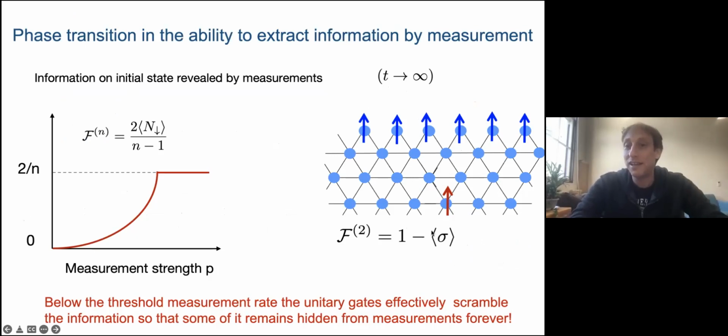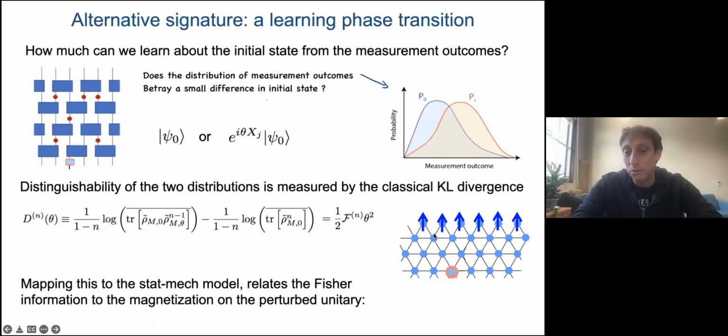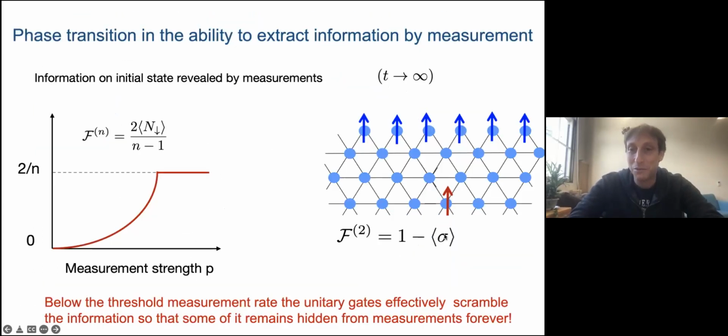On the other hand, in the paramagnetic state, although the top of my system has spin up, that boundary condition decays exponentially into the bulk, and at the bottom of the system, the spin doesn't know about it, and it has zero polarization. So at the bottom of the system, after long time evolution, I'll have zero magnetization, which means that this Fisher information will be maximal.